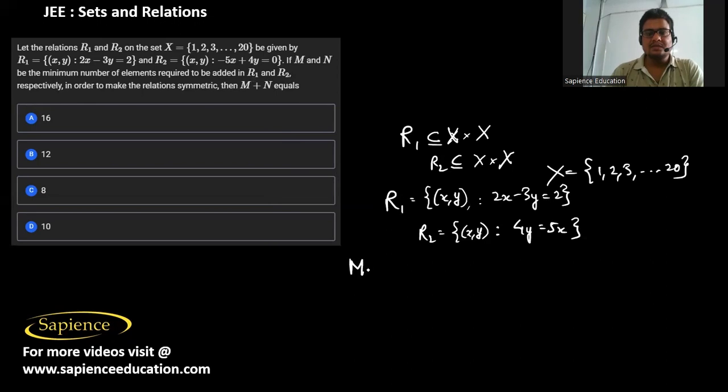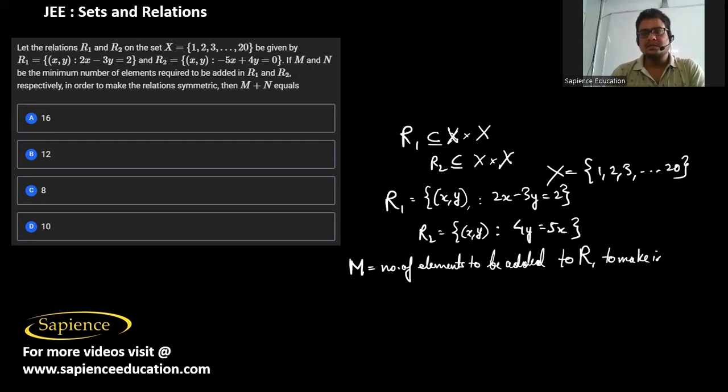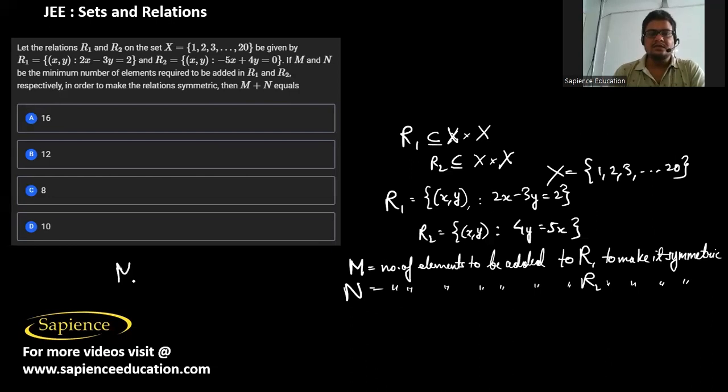Now m is what? m is the number of elements to be added to the relation R1 to make it a symmetric relation. Similarly, n is the number of elements to be added to the relation R2 to make it a symmetric relation. So therefore, we have to find out the value of m plus n.